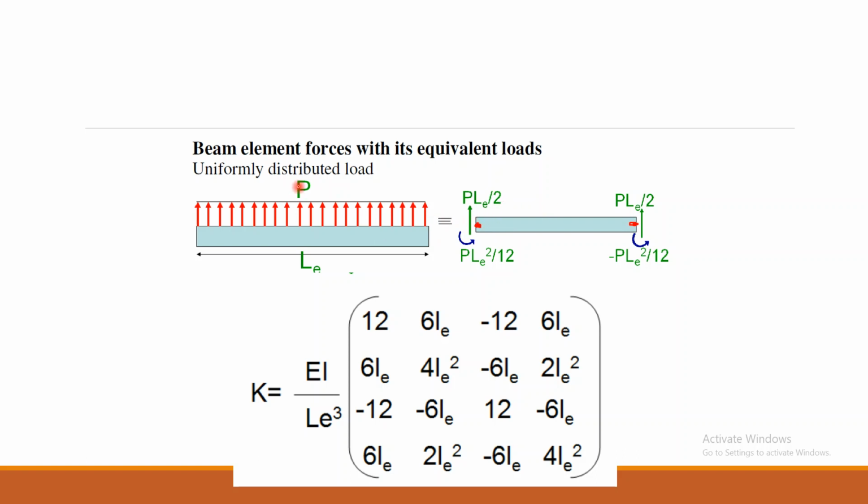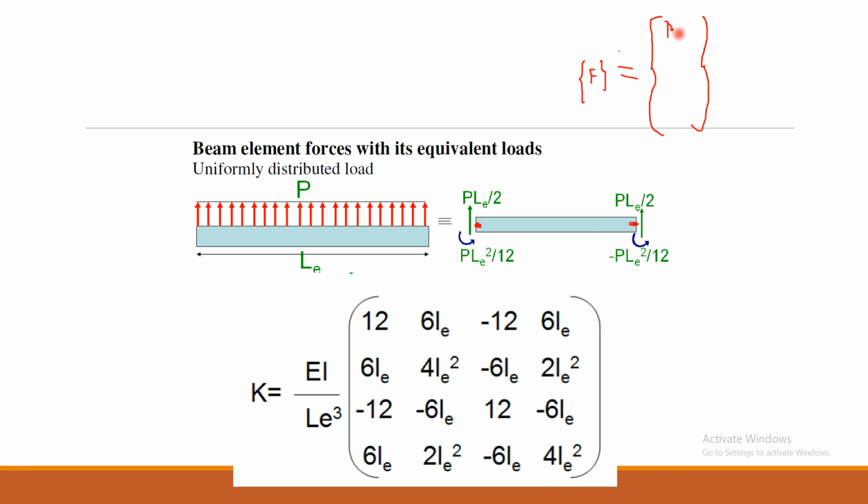If the load magnitude is P Newton per meter, acting over an element length LE, and I convert that for each node, then if I write it as a force F in matrix form, we have 4 quantities, 2 at each node.